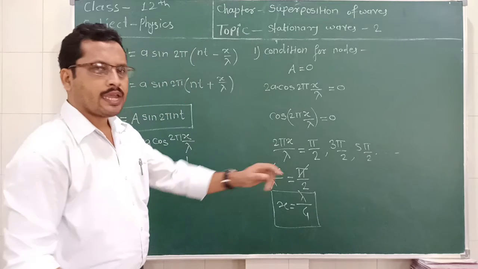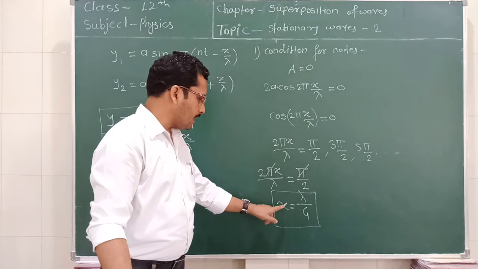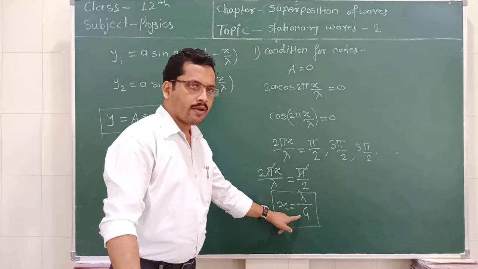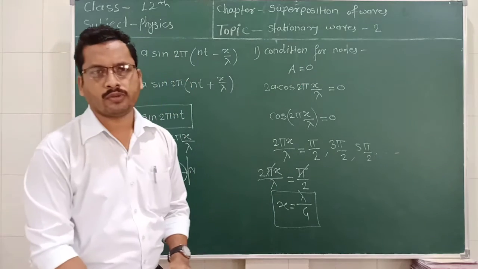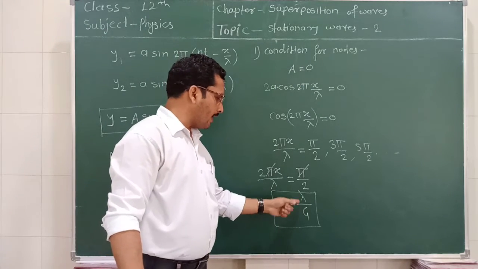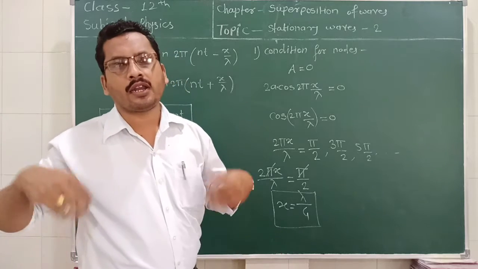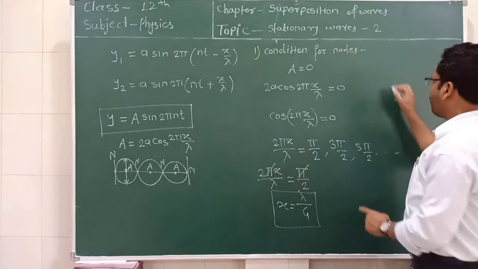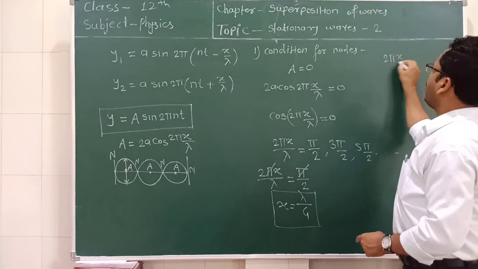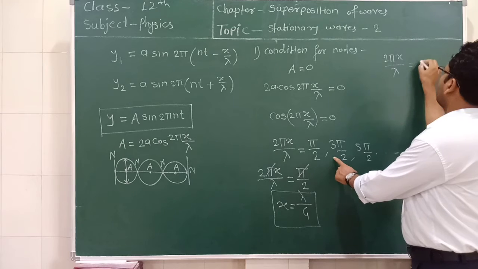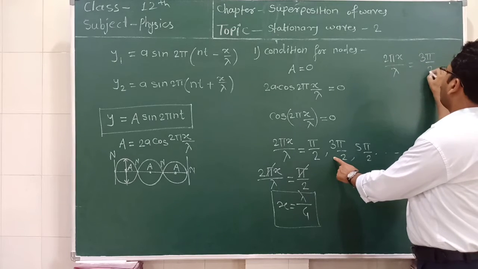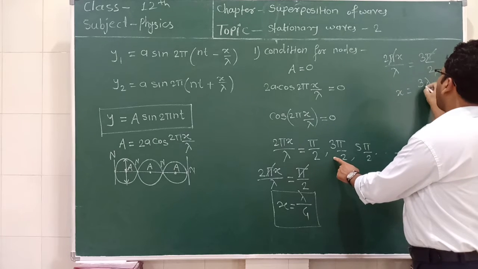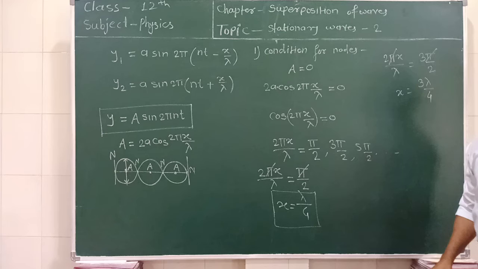What does it mean? It means that at a distance x equal to λ/4, there is a formation of a node. If there is a node at λ/4, where is the next node situated? We can calculate it by keeping 2πx/λ equal to 3π/2. Again π and π cancel, and x is equal to 3λ/4.